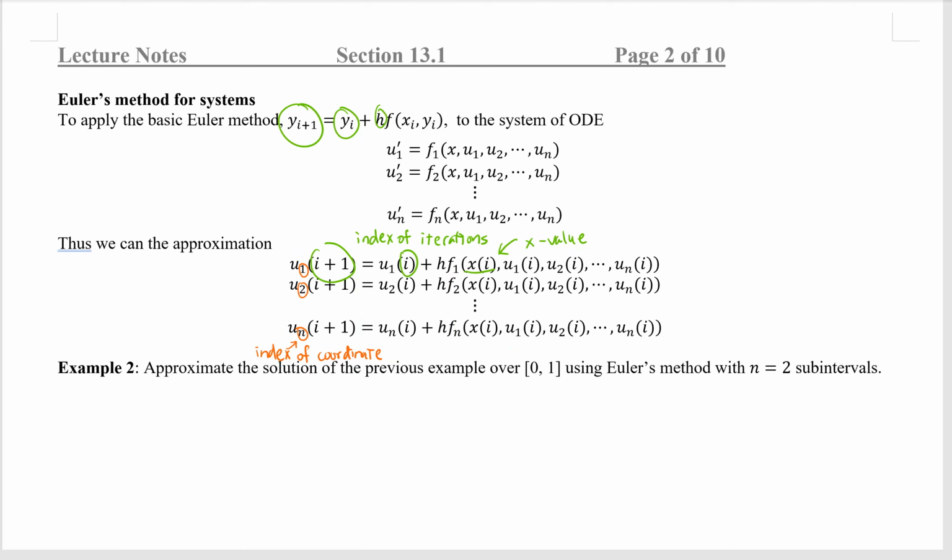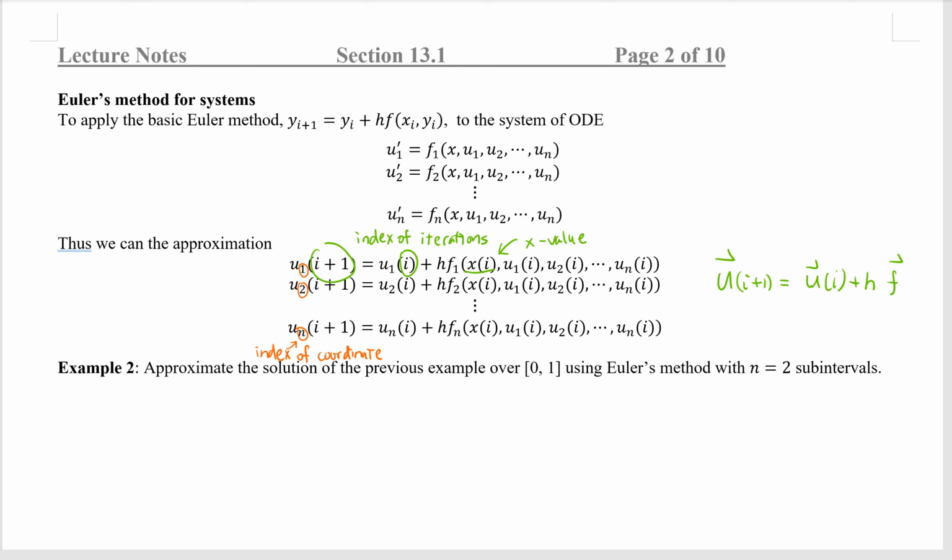So far, so good, everybody? So if you think of this as a vector, then we have u_{i+1}, that's the index of the iteration, equals u_i plus h times f. Okay, so we have almost the same thing, but now the y, the y_{i+1}, the y_i and the f are all vectors.